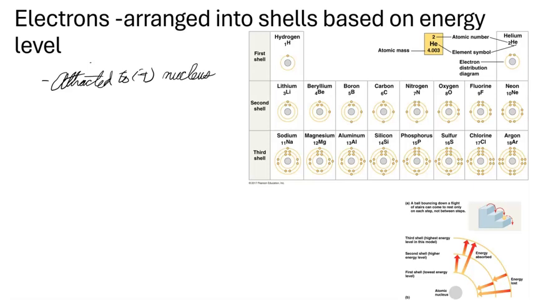So even though they're outside of the nucleus, right, they don't sort of drift off into space because the positive charge of the nucleus keeps the negative electrons, right, attracted to it. Instead, the electrons circle around the nucleus, and they do so in 3-dimensional, what are called orbitals.